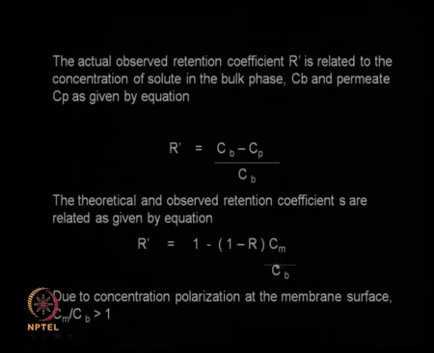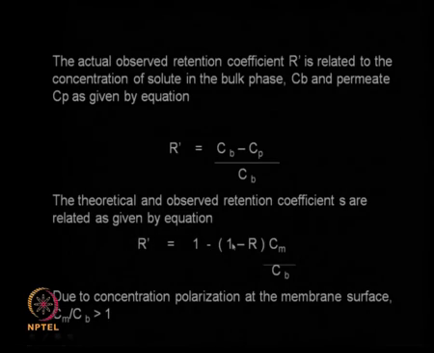Okay. So, now Cb is the concentration in the bulk, Cm is the concentration near the upstream of the membrane, and because of concentration polarization this ratio Cm by Cb is always larger than 1, understand. If this term is equal to 1, what will happen?